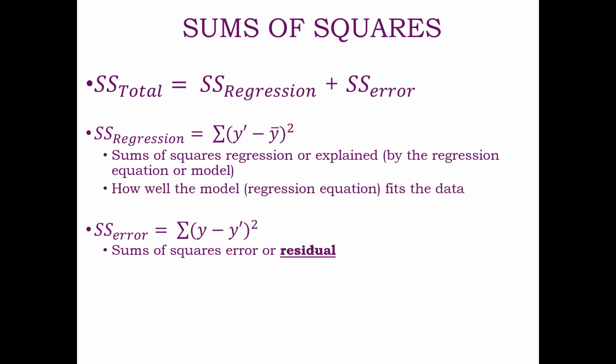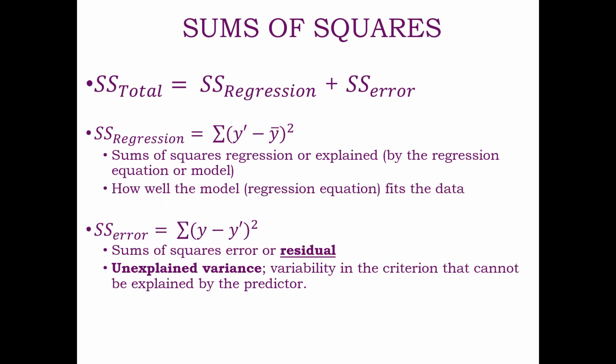The term residual, when we're talking about statistics, is all the unexplained variability in the data that's not accounted for by the model you're using. Also called unexplained variance, it is variability in the criterion that cannot be explained by the predictor. The square root of the sums of squares error is the standard error of the estimate, which you really don't need to worry about now.